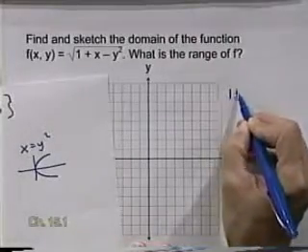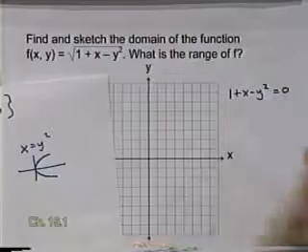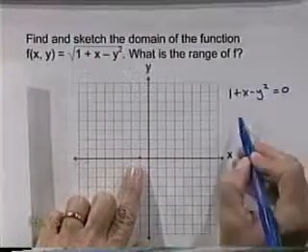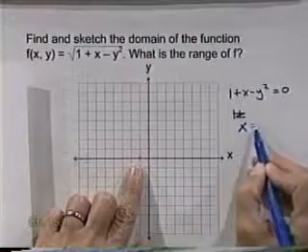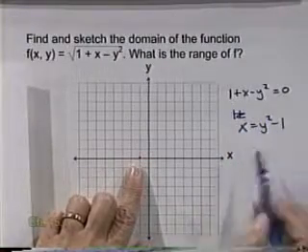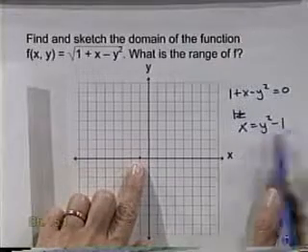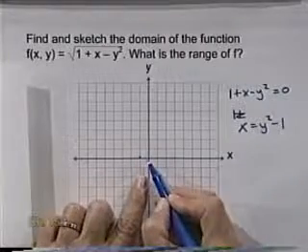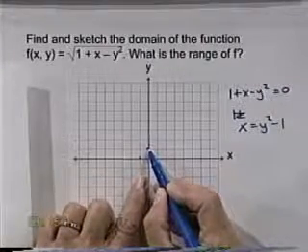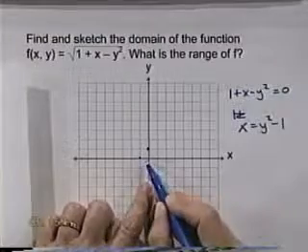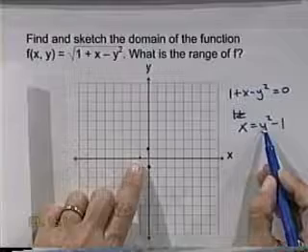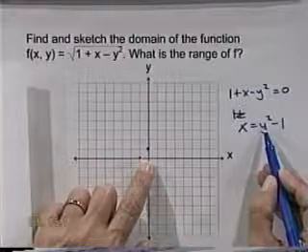Okay? So if I want to graph 1 plus x minus y squared equals 0, let's write it as x equals y squared minus 1. So when y is 0, you can see x is negative 1.